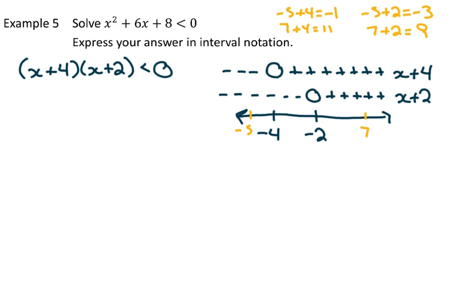Putting it all together, in the inequality, it was x plus 4 times x plus 2. So putting it together, that's what it will be. With the signs, we line up the zeros, this one here and this one here. On the left one, we have 0 times a negative, which is 0.